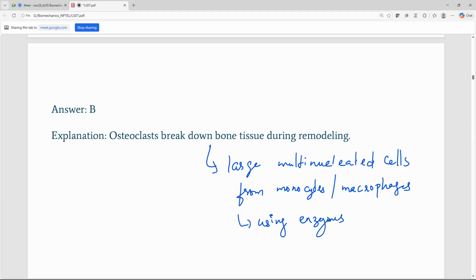So osteoclasts are the cells responsible for breakdown of bone tissue during remodeling.